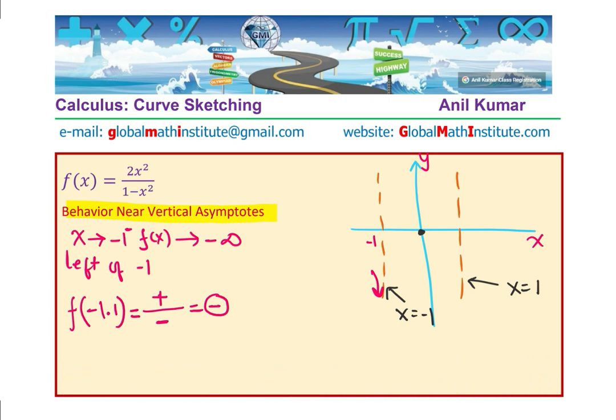Perfect. Now, let's see what happens when we are approaching -1 from the right-hand side. In that case, you can substitute a value which is -0.9, which is on the right of -1. So if this x value is less than 1 in magnitude, then the square will be less than 1.